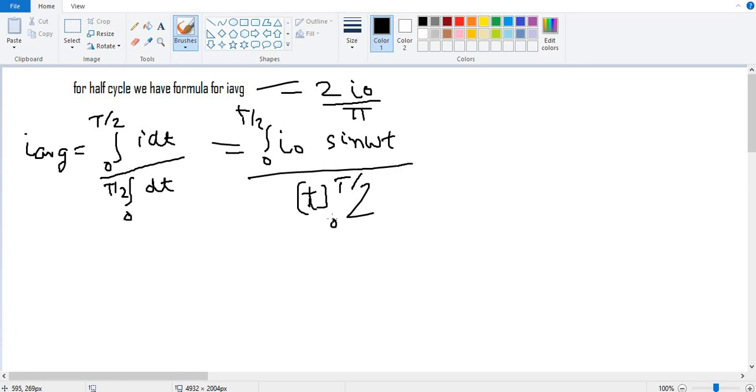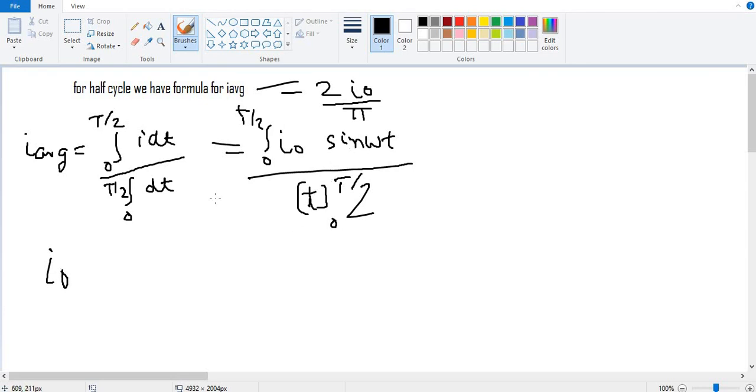Now I naught is constant, so I naught will be outside. Now what will be the integration of sine omega t?